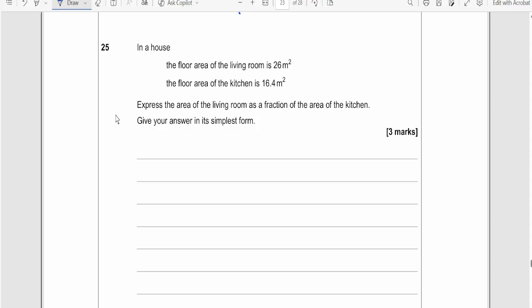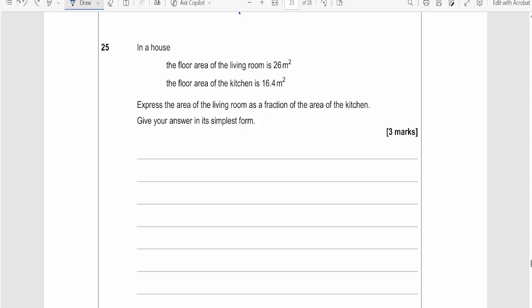Yeah, so you have to write these two areas as a fraction. When you have to write something as a fraction, you see: express the area of the living room as a fraction of the area of the kitchen. So which area do we write in the numerator?